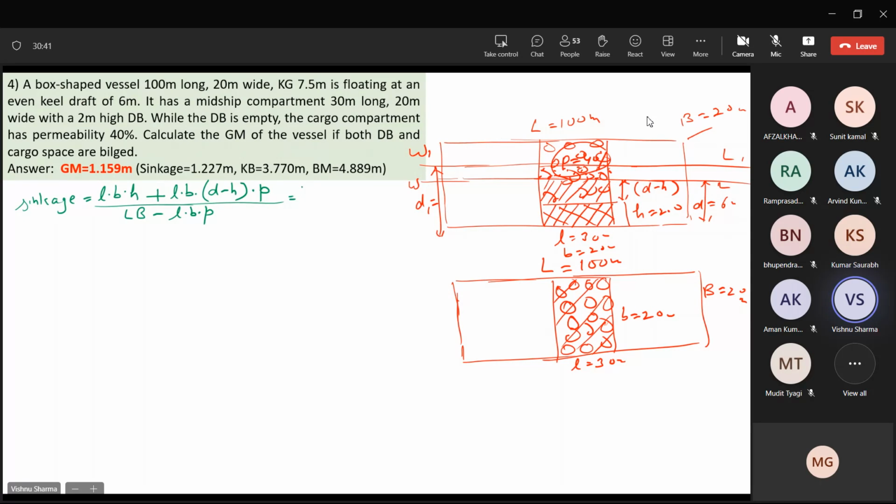And when you put these values, it will be 30 into 20 into 2 plus 30 into 20 into 4 into 0.4 permeability, divided by 100 into 20 minus 30 into 20 into 0.4. And what is the sinkage? Is it coming 1.227 or any mistake in this?